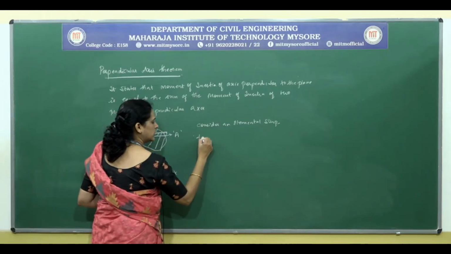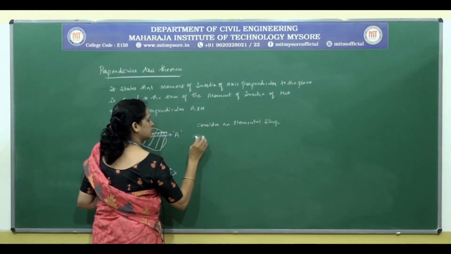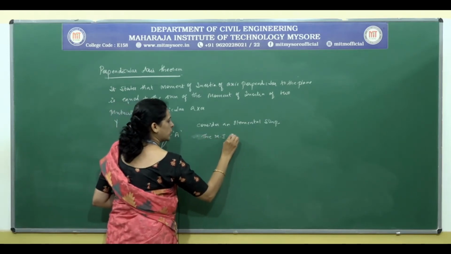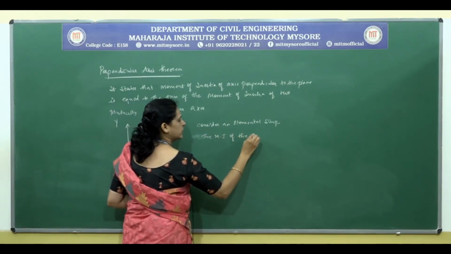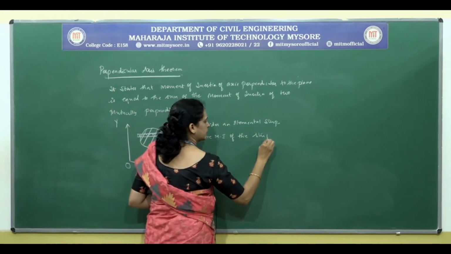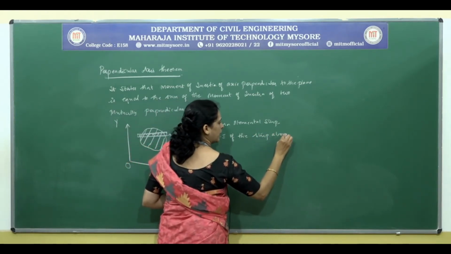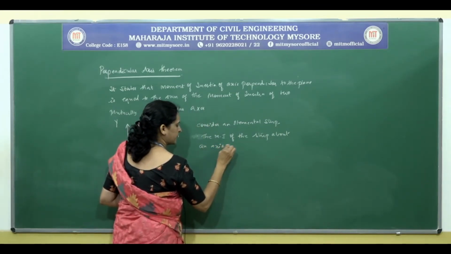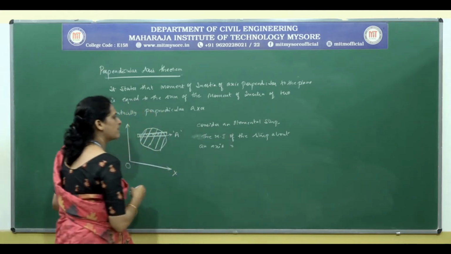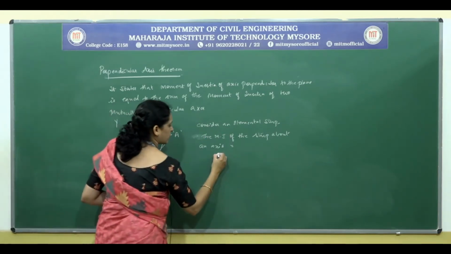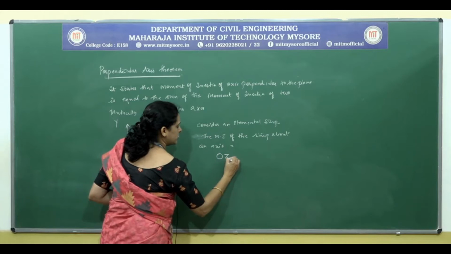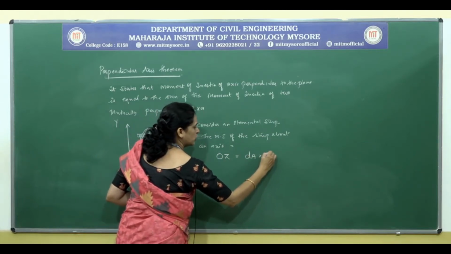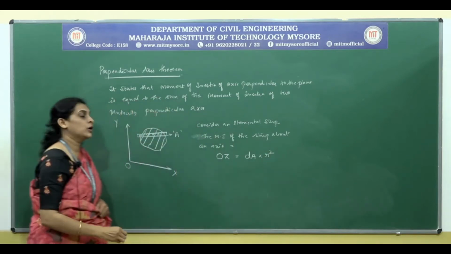Therefore, the moment of inertia of the strip about an axis OZ is equal to area into r square.